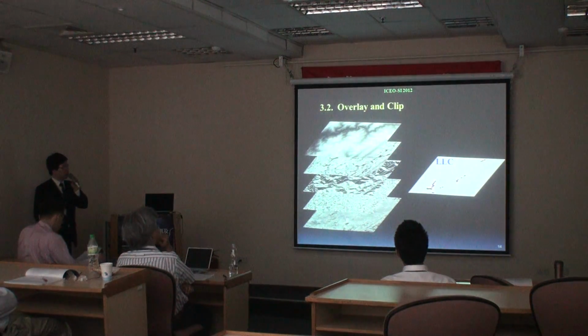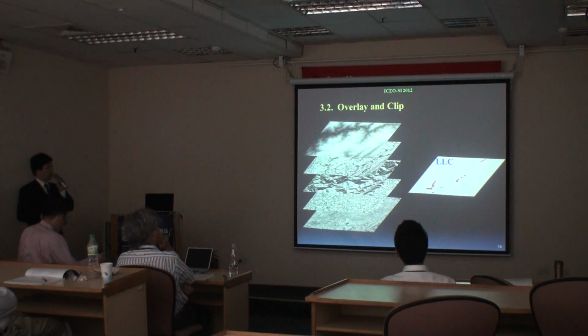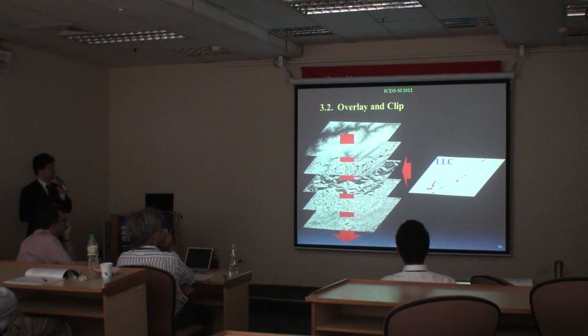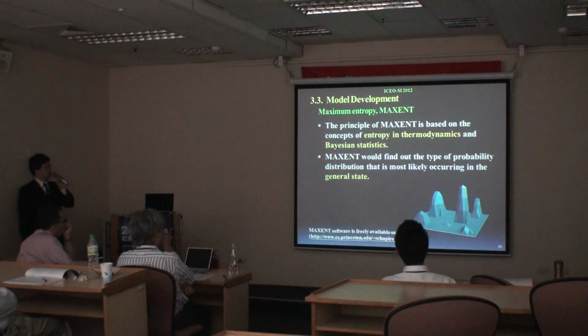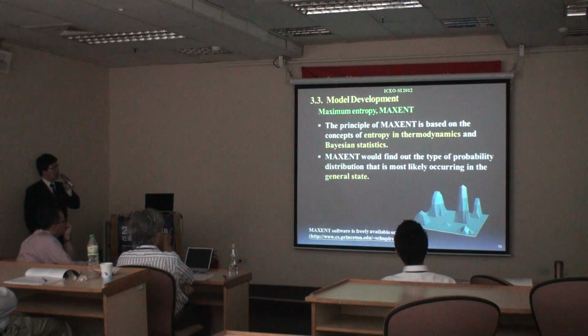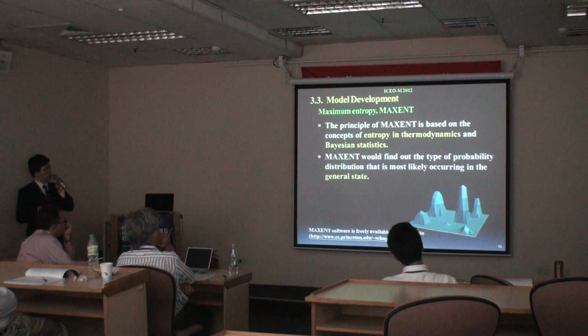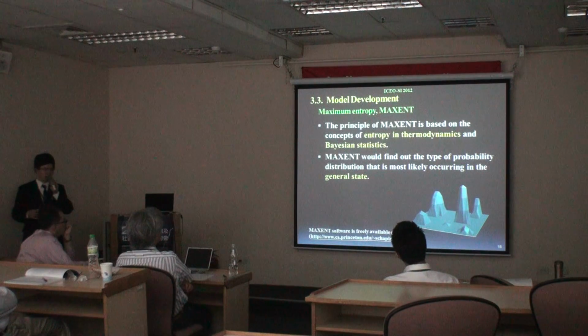Then we overlay these layers and clip them by the tree samples to obtain information about each factor at the position of tree samples. The first method we used is MaxEnt. It is based on the entropy in thermodynamics and Bayesian statistics.